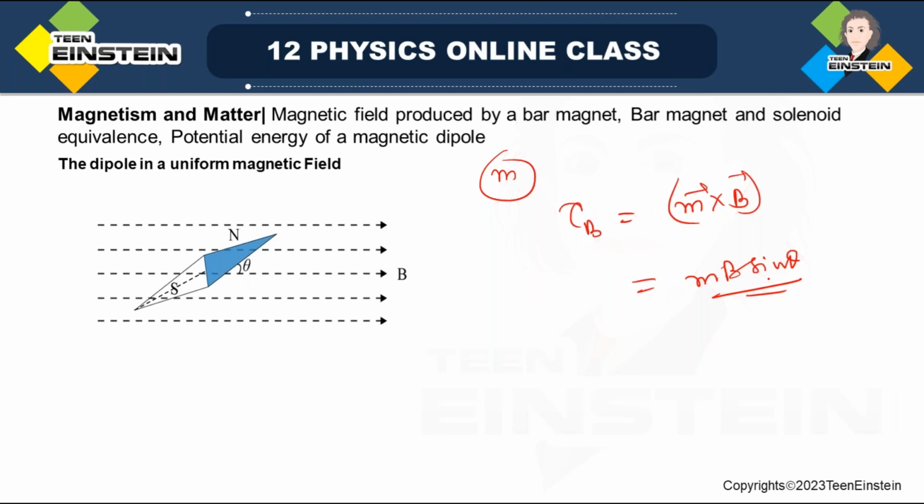So this is the torque it will experience if a compass needle is placed in a uniform magnetic field. Okay, so this is tau, the magnetic torque.